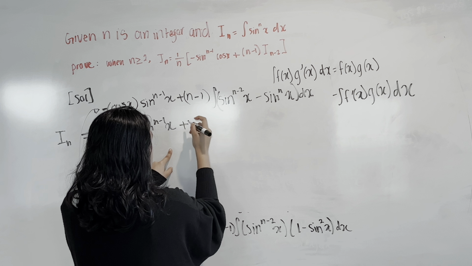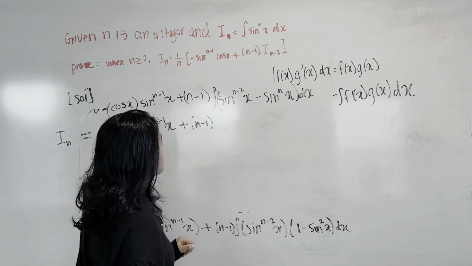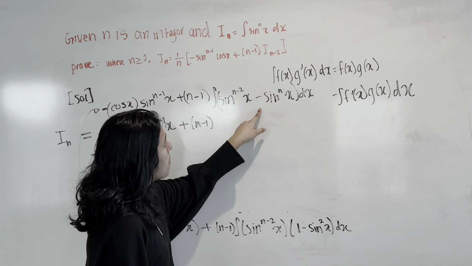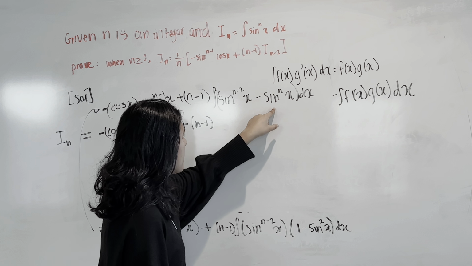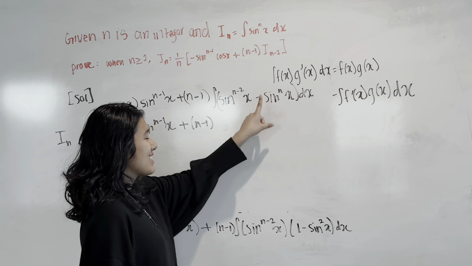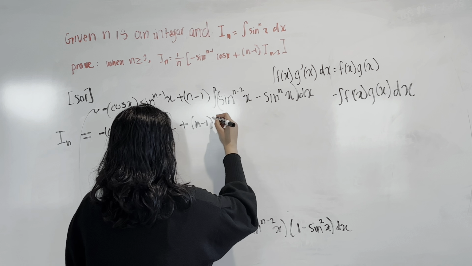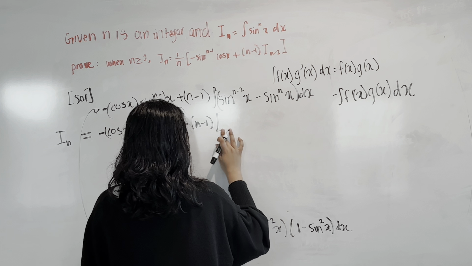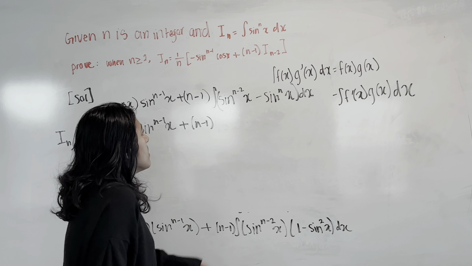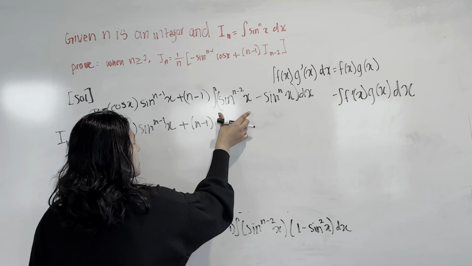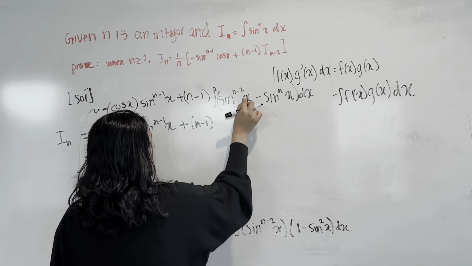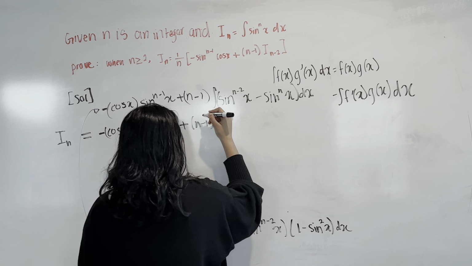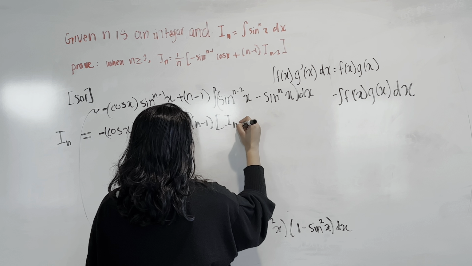And now we can do n minus 1. And we see that we can split this into the integration of sine x to the n minus 2 minus the integration of sine of x to the power of n. So let's just do that. After that, we see that the integration of sine x to the power n minus 2 is basically I n minus 2, so we can rewrite that as I n minus 2.